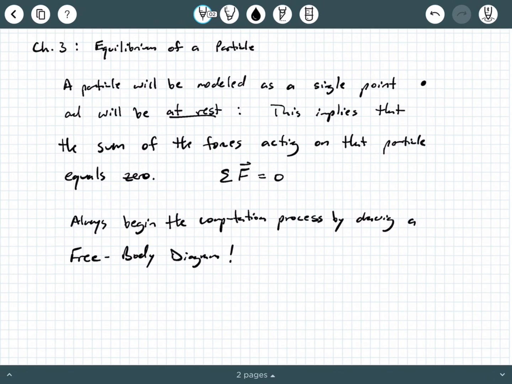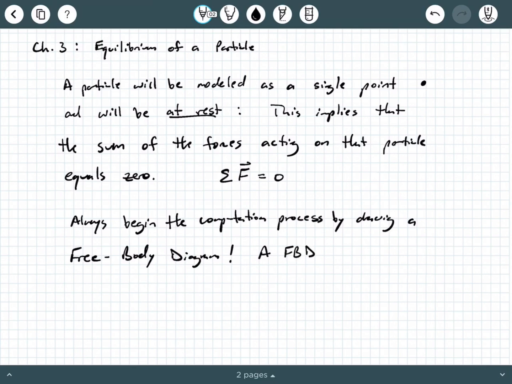I cannot emphasize that enough. The majority of the mistakes I see people make with these problems comes from either they're not drawing a free body diagram at all, or they're drawing a free body diagram incorrectly. So let me tell you what is involved with a free body diagram.